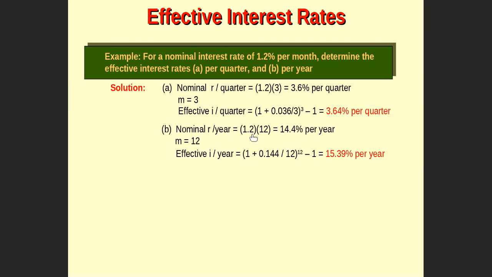Okay, now going back to the example. The example states that a nominal interest rate is 1.2 per month. Determine the effective interest rate per quarter and then determine it per year, sorry. When it says it is per month and asks you to find the effective per quarter, you compare the quarter to the month.